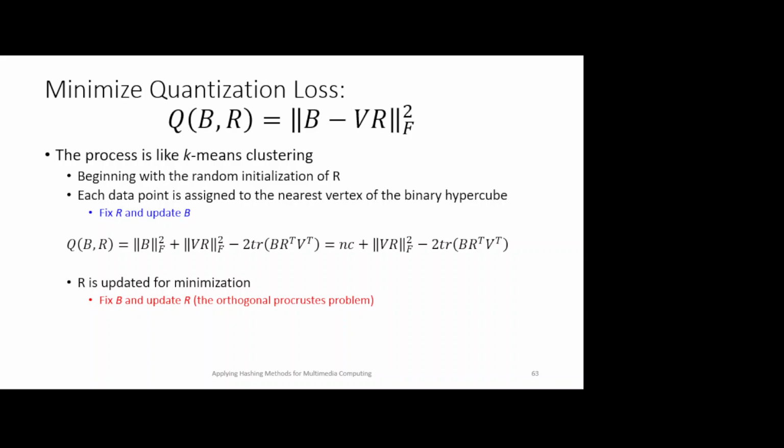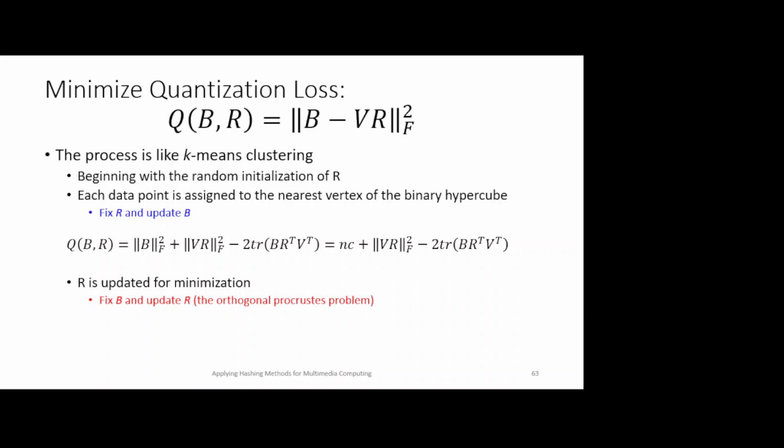Okay, so to minimize the above quantization loss, we can perform a two-step optimization, because we have two parameters to optimize. The general idea is like the K-means clustering, like the EM algorithm, expectation maximization.